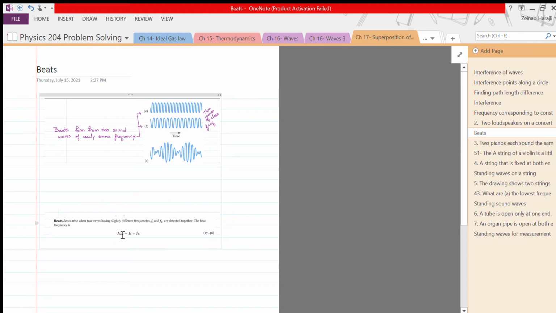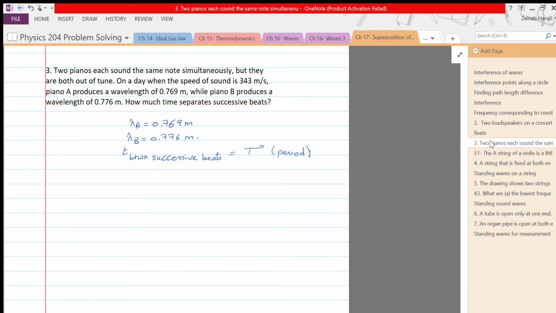The frequency of the beat is equal to the difference in the frequencies between the two waves. So we can start with this equation for the frequency of a beat. Since we're looking for the period, we can write the frequency here as 1 over the period.